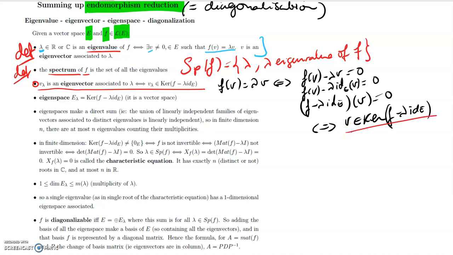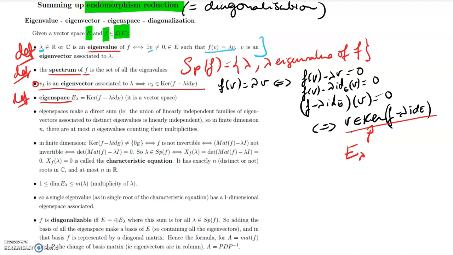Okay. Next thing, that's again a definition, the eigenspace, right? Well, the eigenspace is going to be exactly that one, okay? The name we usually give to that space is E with the eigenvalue as a subscript.